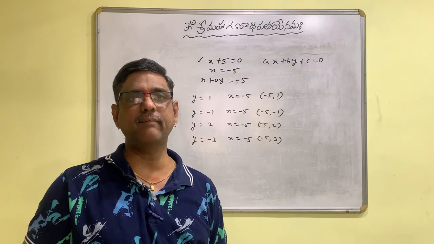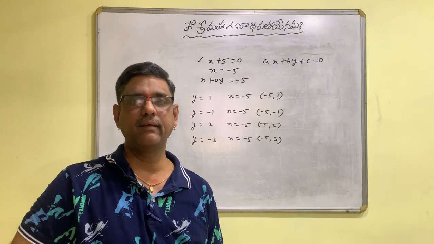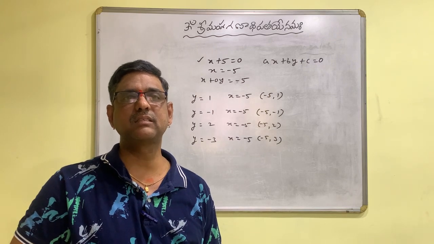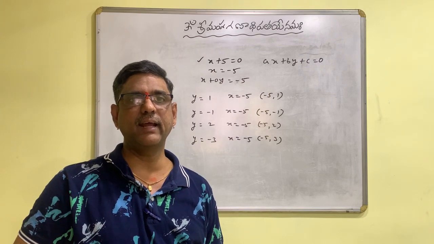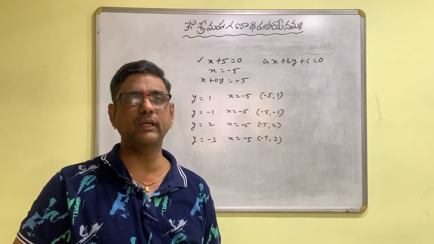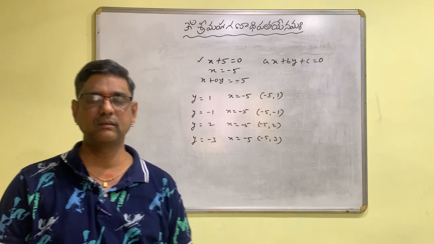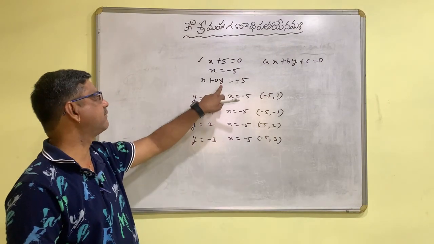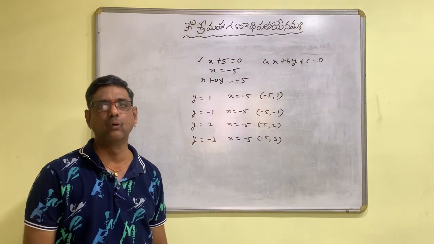Values should be given only for y. Why? At the beginning of the class the equation is given as x plus 5 is equal to 0. In that y is not there, and we have inserted y on our own.